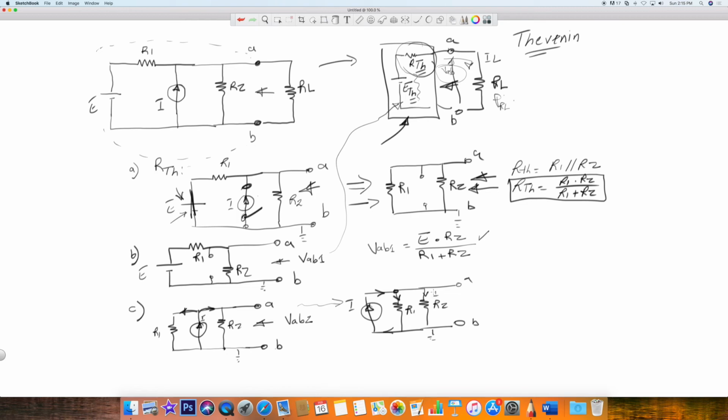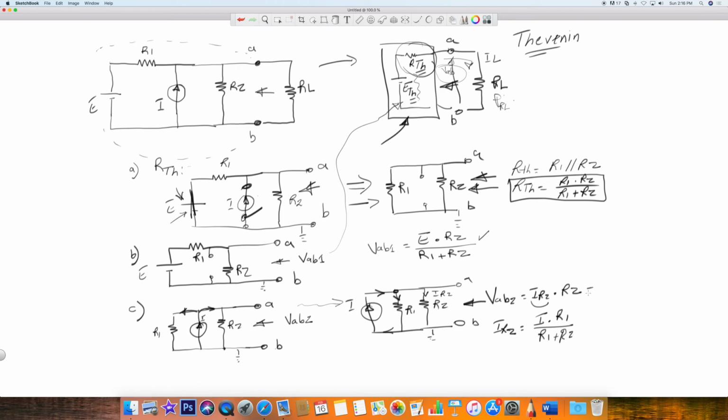So what is IR2? Well, IR2 is going to be important because VAB from this point will be R2 times IR2. So VAB here, let's call it VAB2, will be equal to IR2 times R2. Well, what is this IR2? This IR2 will be equal to current divider rule, I times the other resistor, R1, divided by the sum of the resistors.